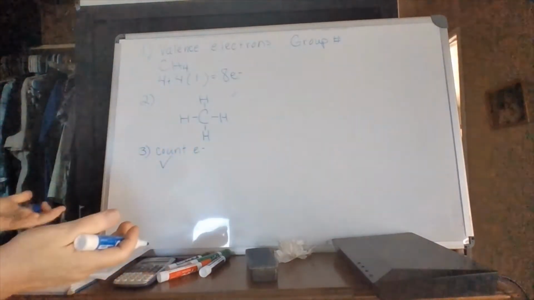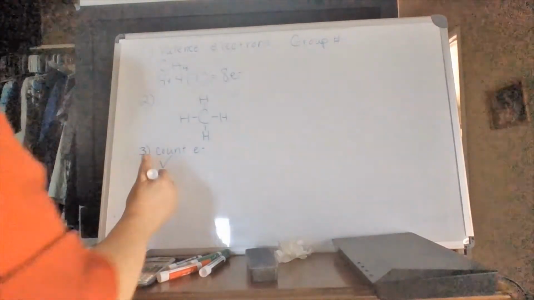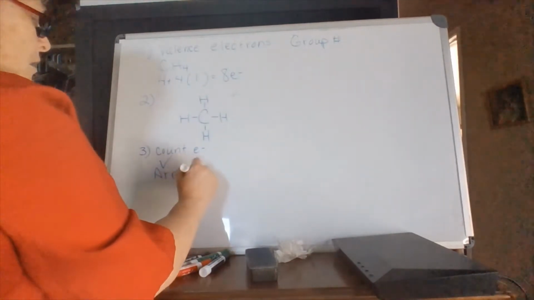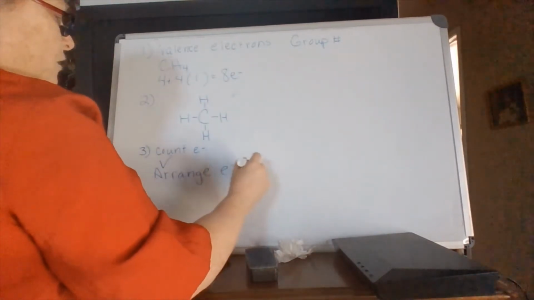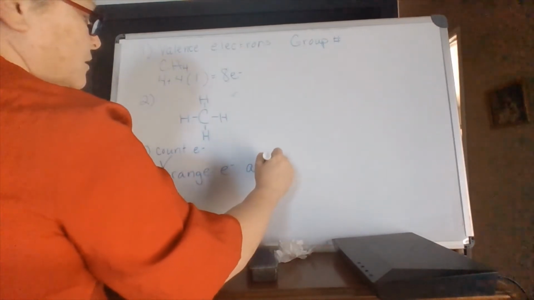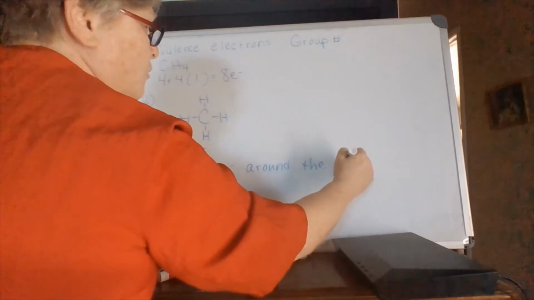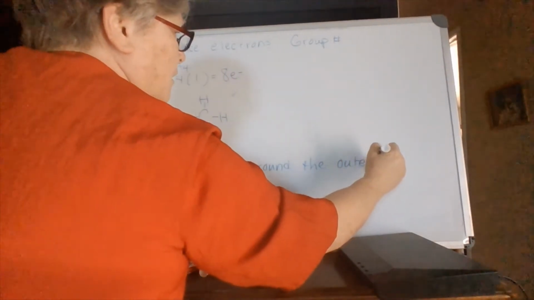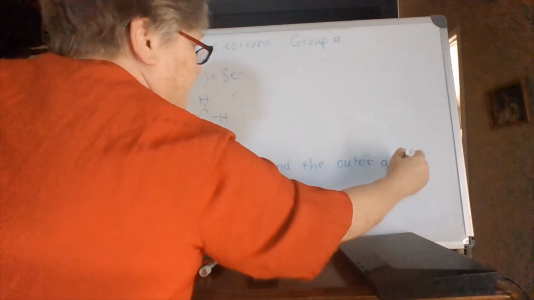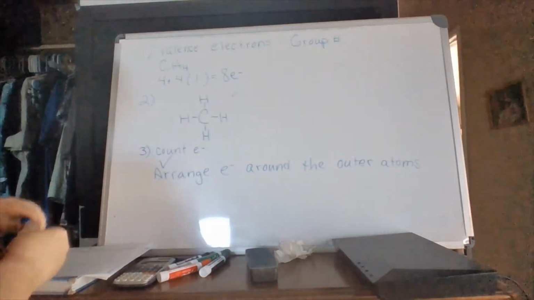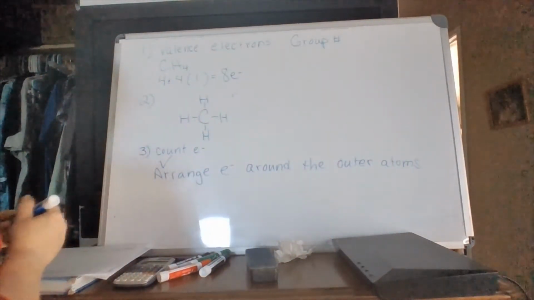If you had electrons left over, you would arrange the electrons around the outer atoms. So we don't have to do that here.